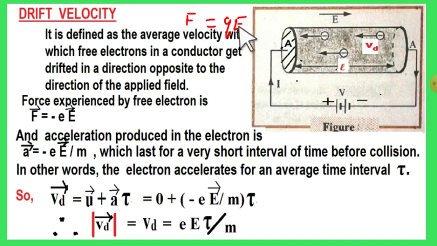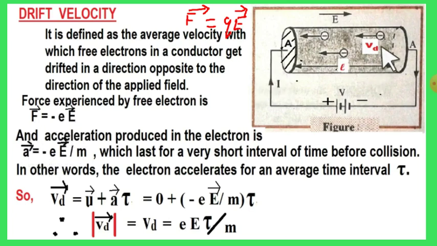Got it? Where Q is the charge possessed, while E is the electric field in which Q is placed. But in our case, for a free electron, the charge possessed is nothing but the electronic charge e. So it will be minus e E, where minus e is the charge possessed by an electron.